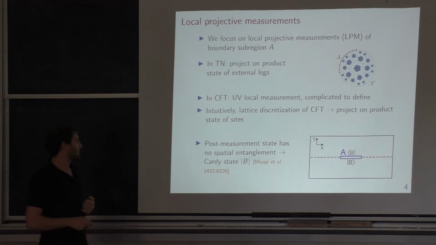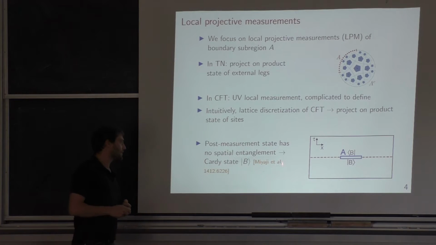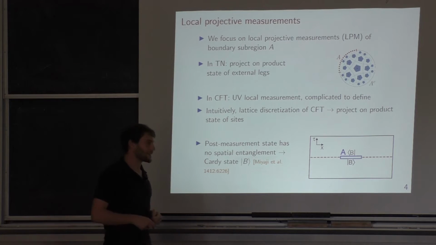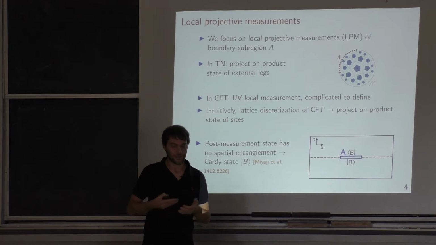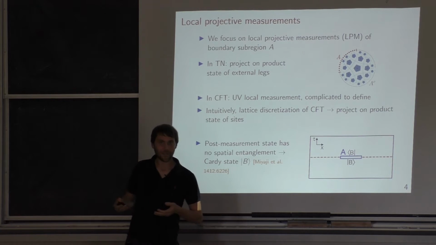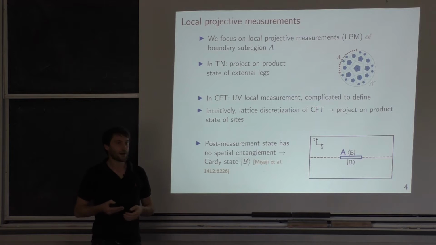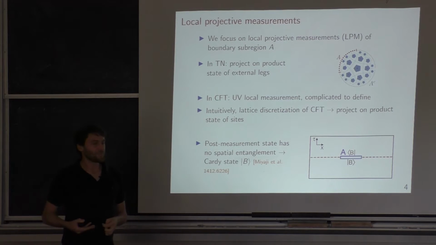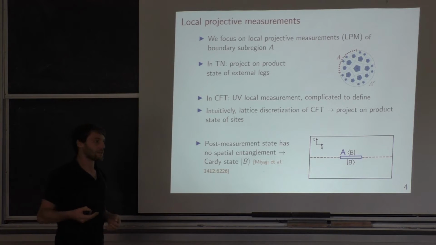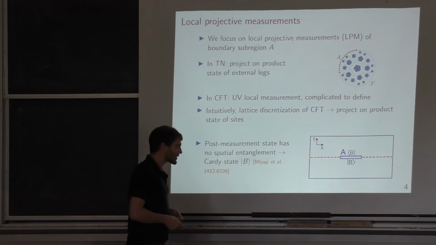Now, there is an interesting fact that we will use, which Miyaji, Takayanagi and collaborators showed: a class of states that has zero spatial entanglement are boundary states, or Cardy states, which are the states used to describe boundary conformal field theories.